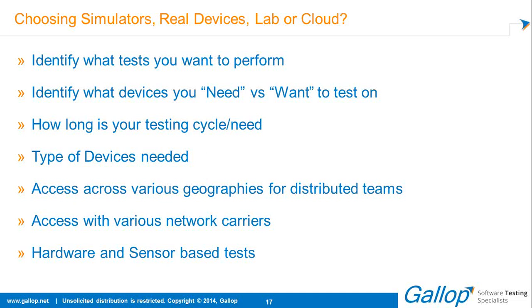And then you really have to decide what you need versus what you want to test on. Some might be considering, I want to test on all the Android devices that are out there, but that is not an optimal solution for the business.